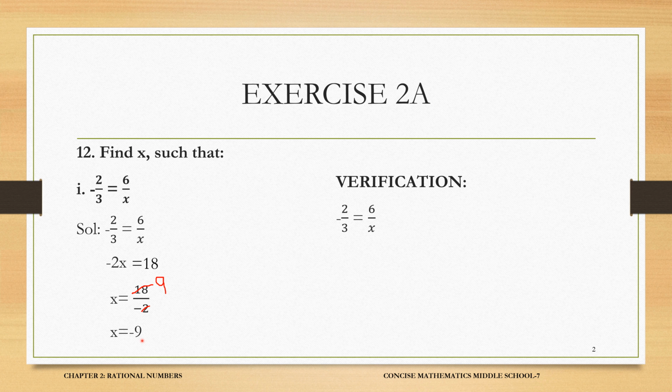So this is the question. Just substitute x is equal to minus 9. So in this place you need to place minus 9. So when you place minus 9 over here, now you can just divide it. 3 2s are 6, 3 3s are 9.